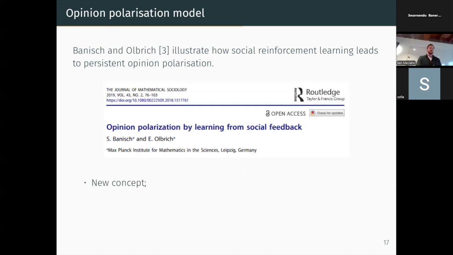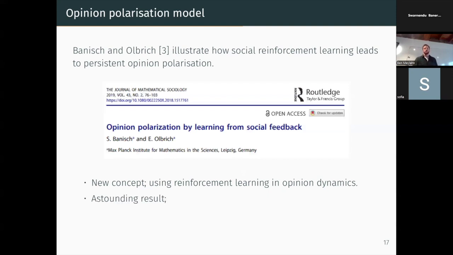It's a very nice paper, especially as a new concept at the time, since reinforcement learning in opinion dynamics had not really been done. It was also an astounding result because they reported stable polarization in a model with no repulsive forces. In this Q-learning model, if you interact on the dyadic level, you always become a little more similar in terms of which opinion you think is better. And still they said polarization can be stable.